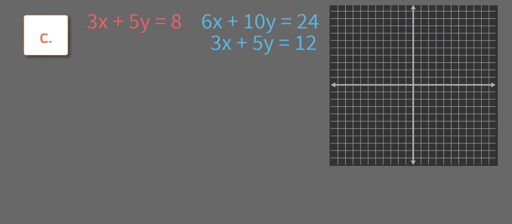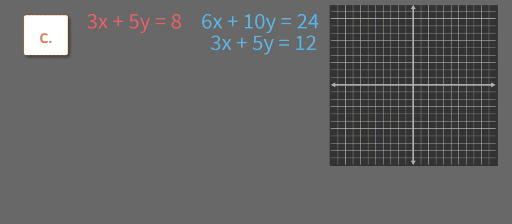And what that tells me is that there's not going to be a solution. We have parallel lines. When you have variable terms on the left, numerical values on the right, and they have the same coefficients, and the constant on the right is different, those are parallel lines.